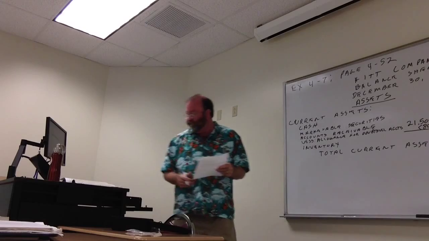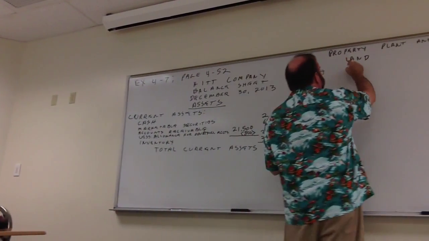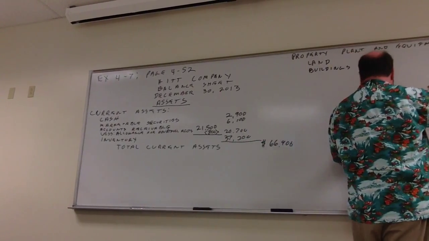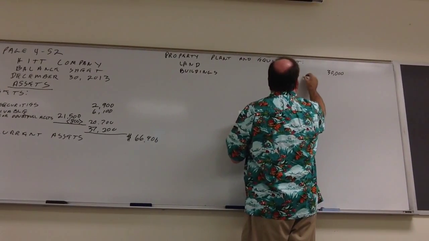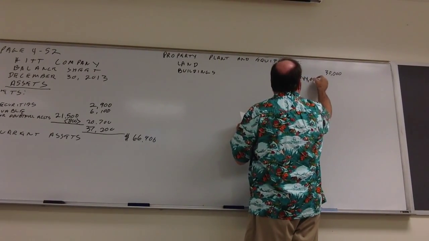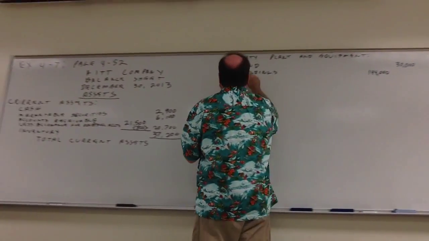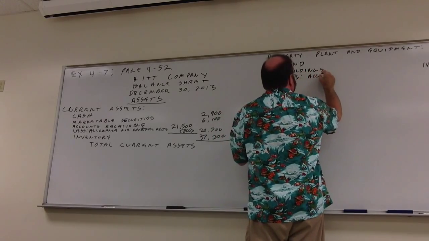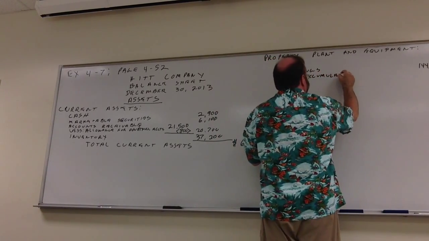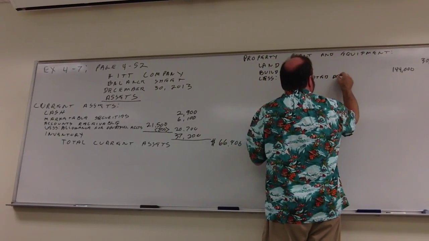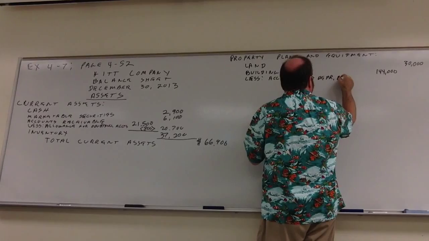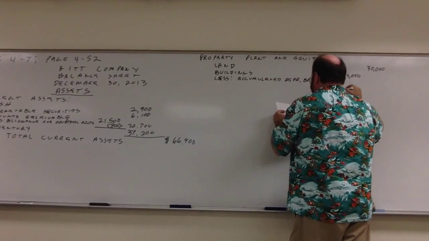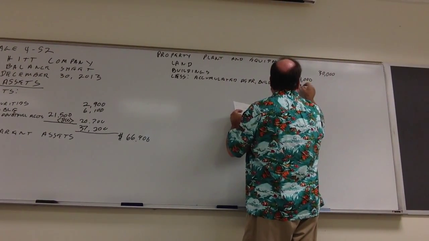Then it has buildings, which were 144,000 less its contra asset account, which the problem gives you as 53,000.